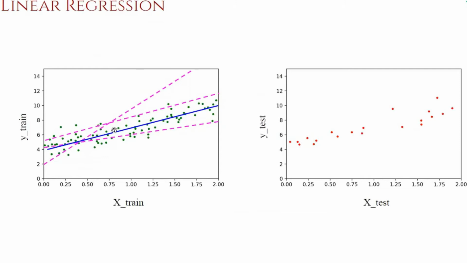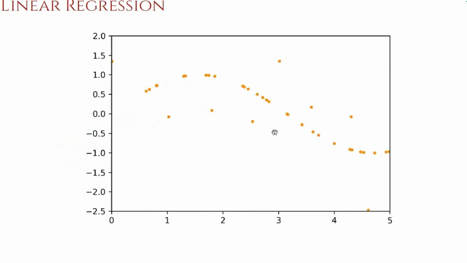So here I'm talking about fitting a straight line. But what if our data looks something like this? Here, this doesn't seem like linear data. Why? Assume this is the x-axis and vertically it is the y-axis. As x is increasing, in this region we see a trend, y is increasing.